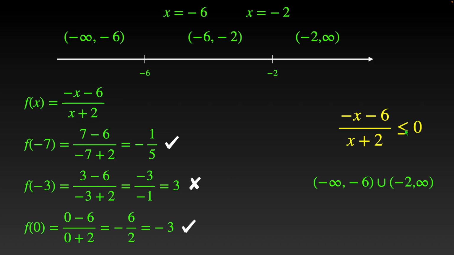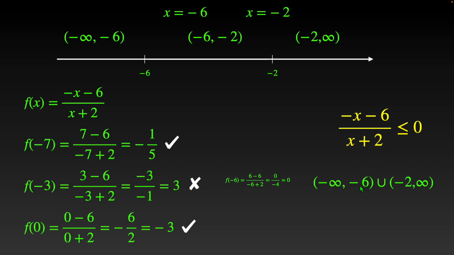But notice here we have less than or equal to 0. To check the equality, we're going to have to check -6 and -2. What happens when we plug in -6? When we plug in -6, we get 0. Excellent.